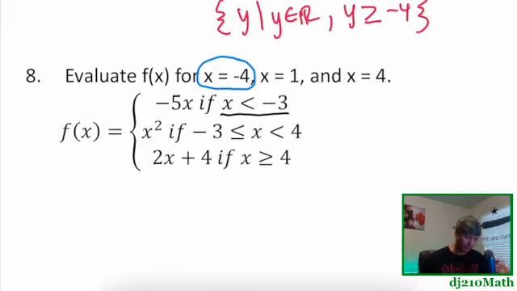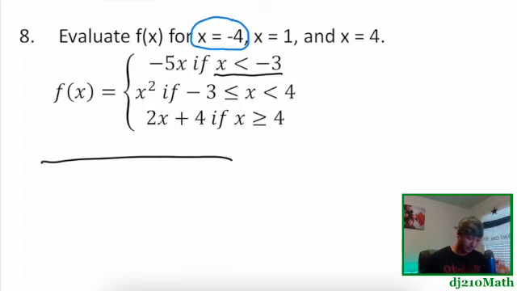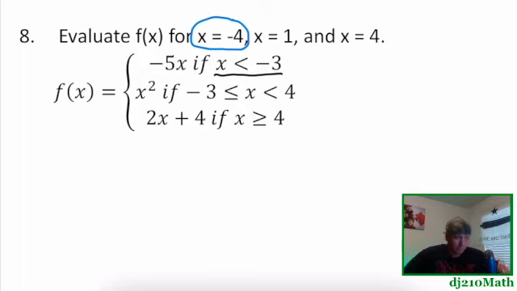If you think about a number line, if this is -3, -4 is going to be to the left, which implies less than. So we're using the top one and top one only. Now note, you could plug -4 into any one of these and you're going to get a number, but you're going to get an incorrect number. Only one works. So we're going to use the top function.